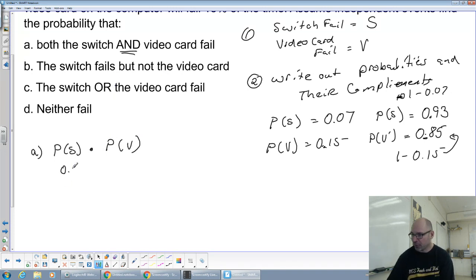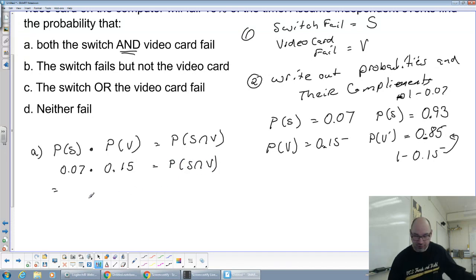So it's 0.07 times 0.15. So this would give us the probability of the switch and the video card failing. So our answer there is going to be 0.07 times 0.15.